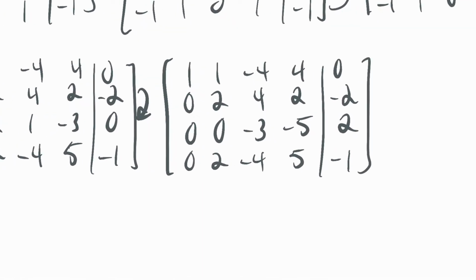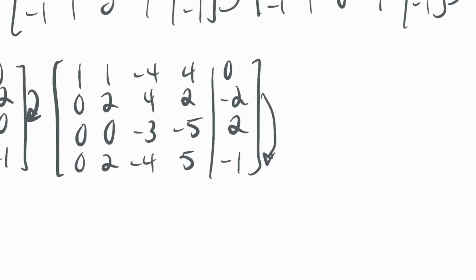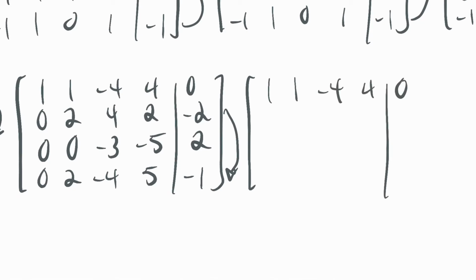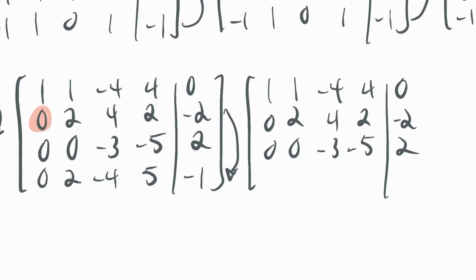Okay, so now I'm going to subtract row 2 into row 4. 0, 2, 4, 2, -2, 0, 0, -3, -5, 2. So subtract this into 0, nothing happens.